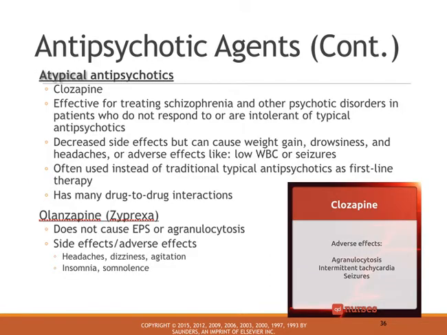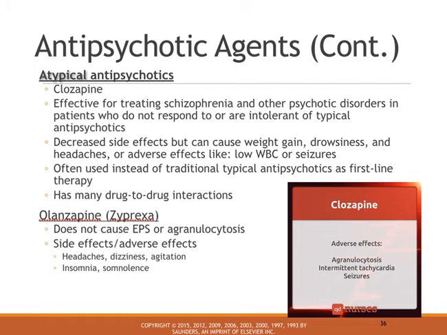But let's talk about the key atypical antipsychotics you need to be familiar with. These ones also block dopamine receptors, but to a lesser degree than your typical antipsychotics. And atypicals also block serotonin too.